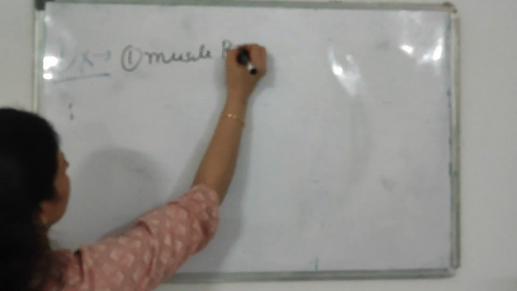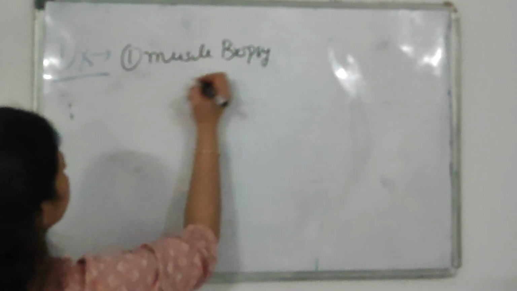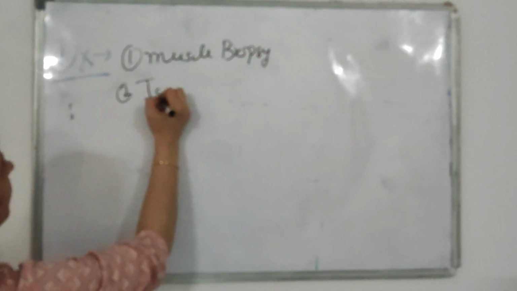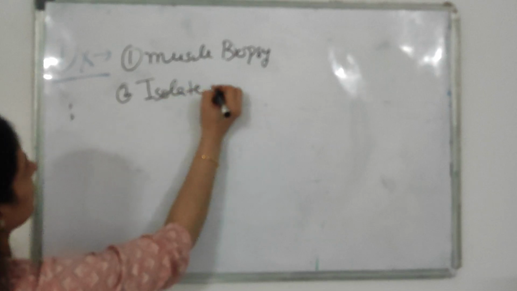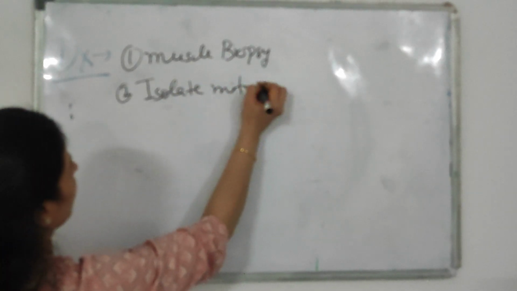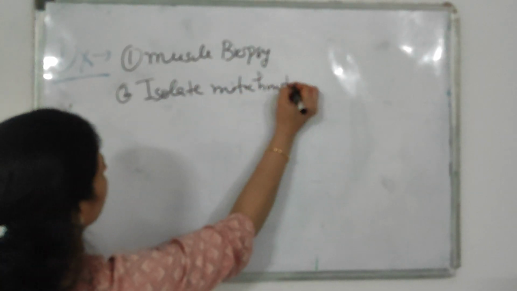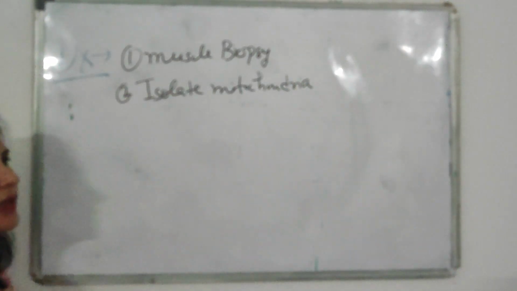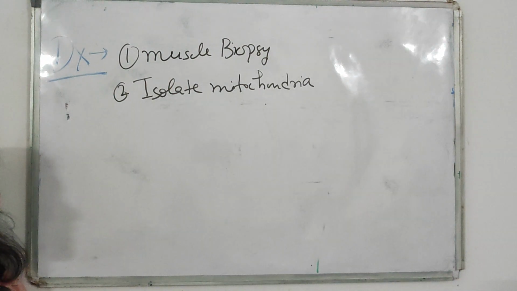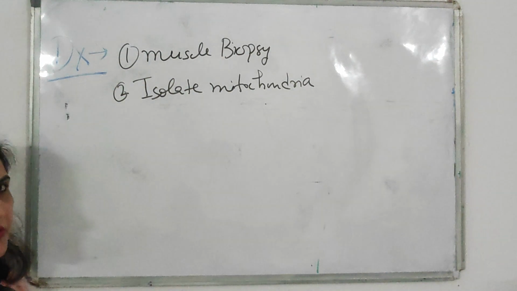First you will do the muscle biopsy, and if you don't get anything, then you will isolate mitochondria, and by various methods of molecular technology you will see which gene is defective.